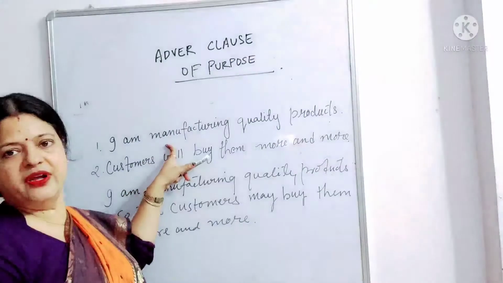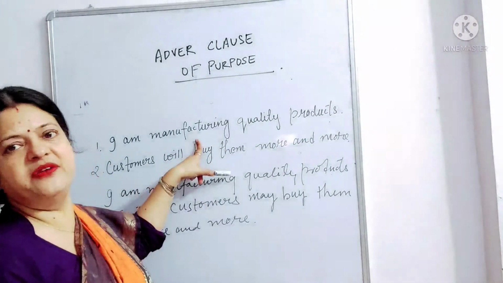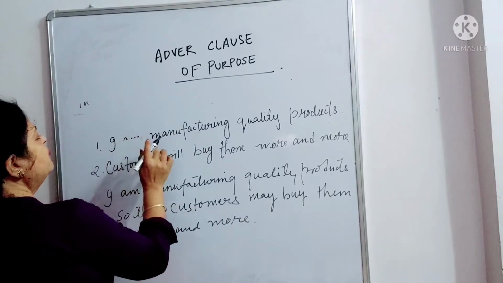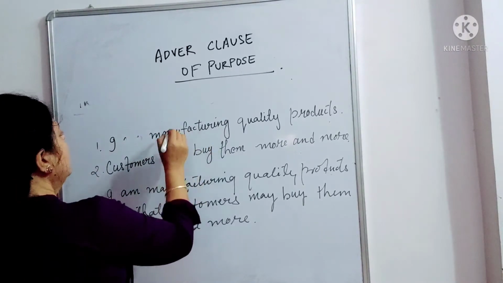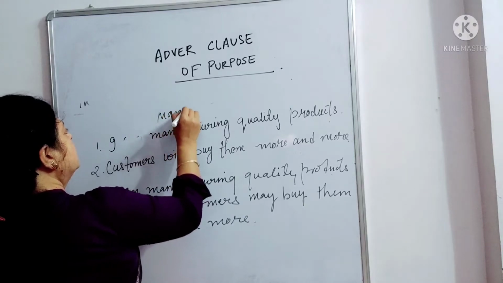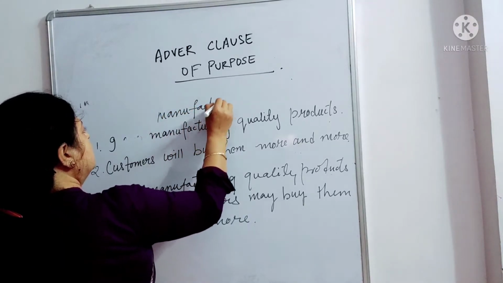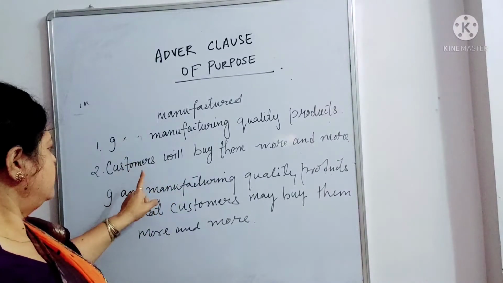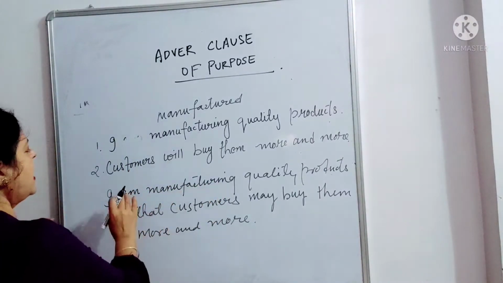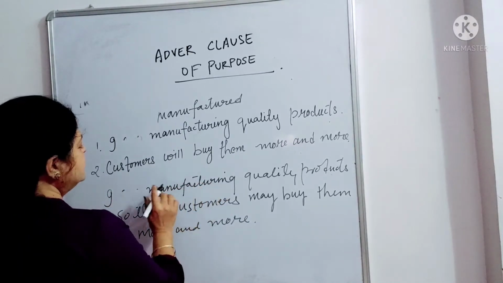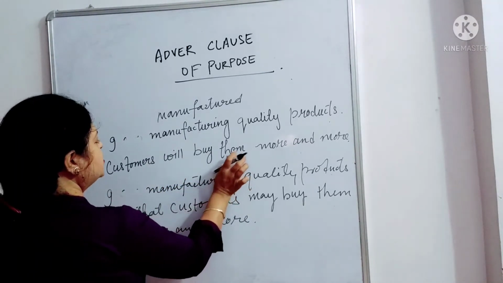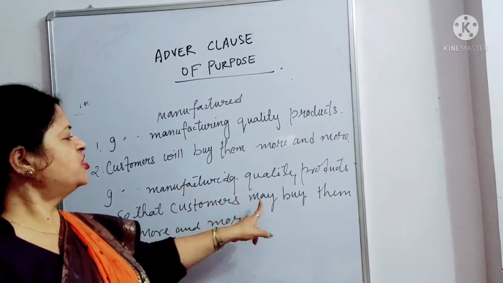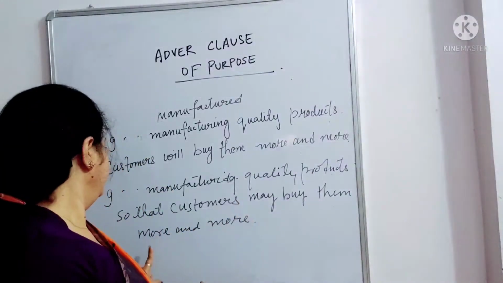But if the first sentence were in past tense, like I manufactured, instead of I am manufacturing, it would have been: I manufactured quality product so that customer might buy them more and more.